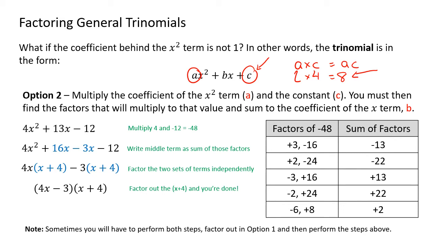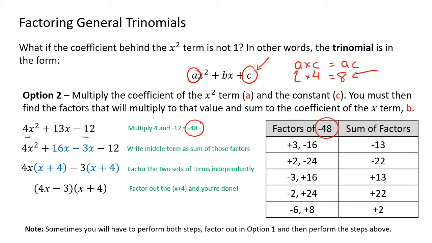Okay? Looking at an example of it, we have 4x squared plus 13x minus 12. Okay, so we can't factor out the 4, right? Because 4 is not a factor of 13. So instead, what we do is we multiply them together. So 4 times negative 12 gives you negative 48.